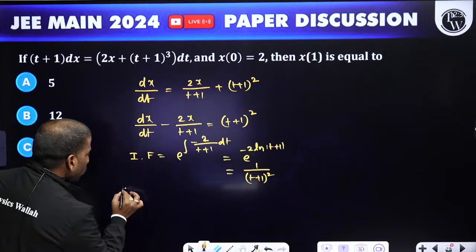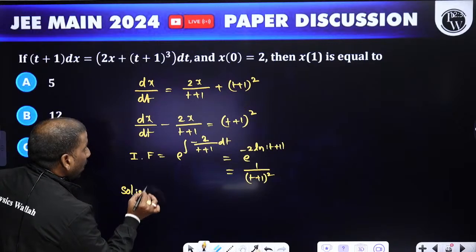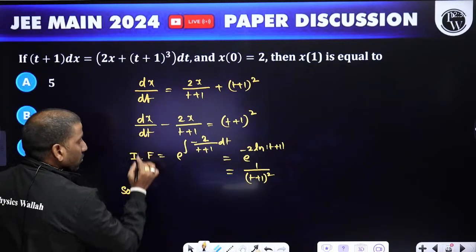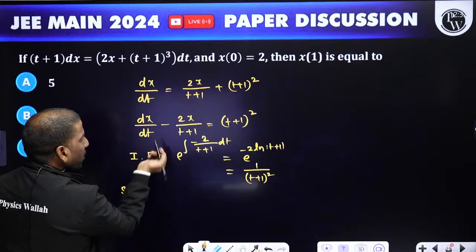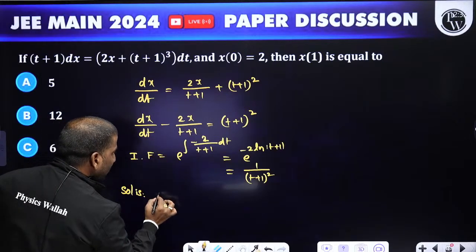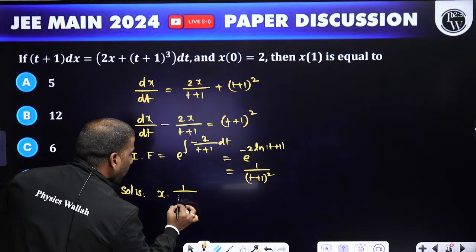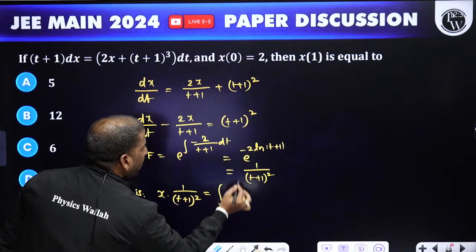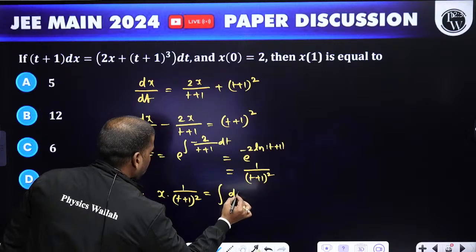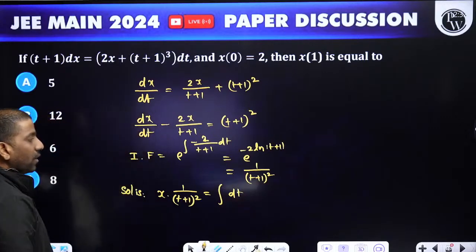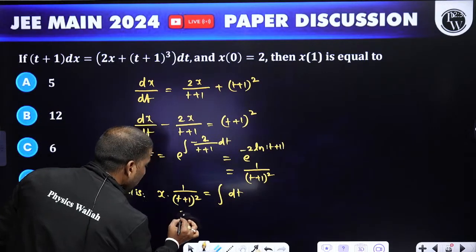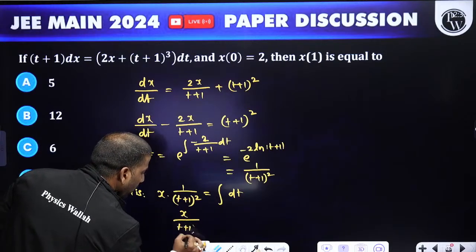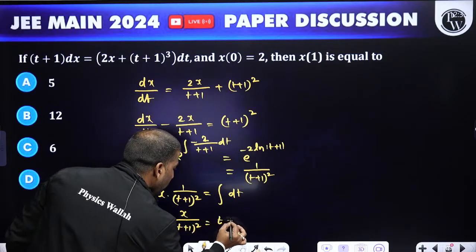So what is the solution? The variable is not y, it is x, right? The dependent variable is x, the independent variable is t. So x times 1/(t+1)^2 equals integral dt. So x/(t+1)^2 equals t + c.